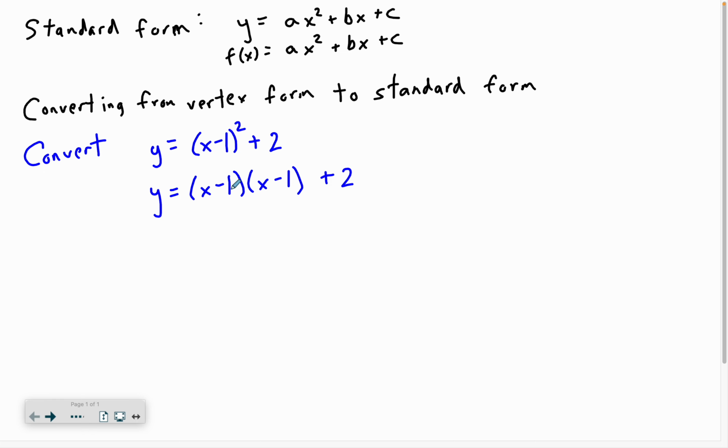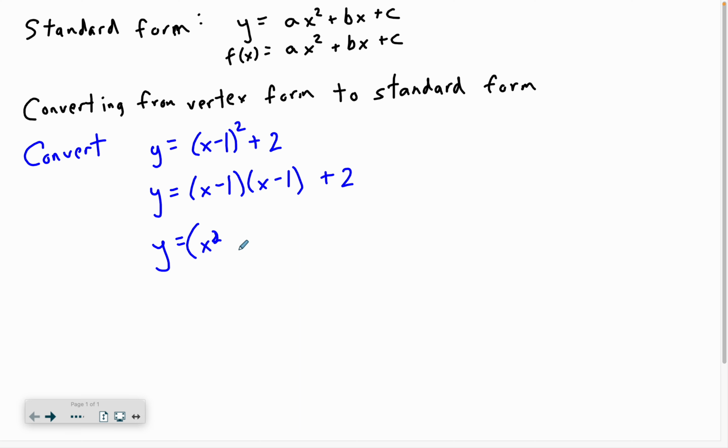And now that I've got a binomial here, (x minus 1) times (x minus 1), we can FOIL that out. Again, you can use a square method, or at this point we should really try to use the fact that we do x times x for x squared, the firsts. Then we do the outers.